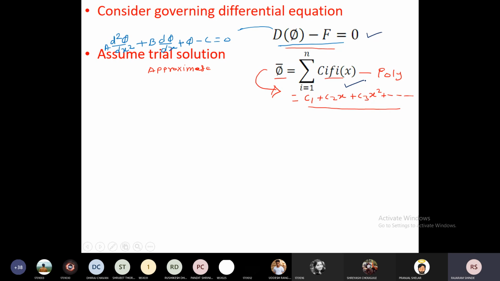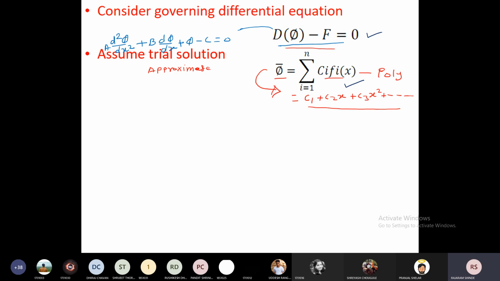Now, what is the next step in the weighted residual method? Have you taken note of those steps? What is the next step, Rishikesh Dore? Saurabh Pawar. Yes, these steps should be on the tip of your tongue. What is the next step? Saurabh, can you tell me?